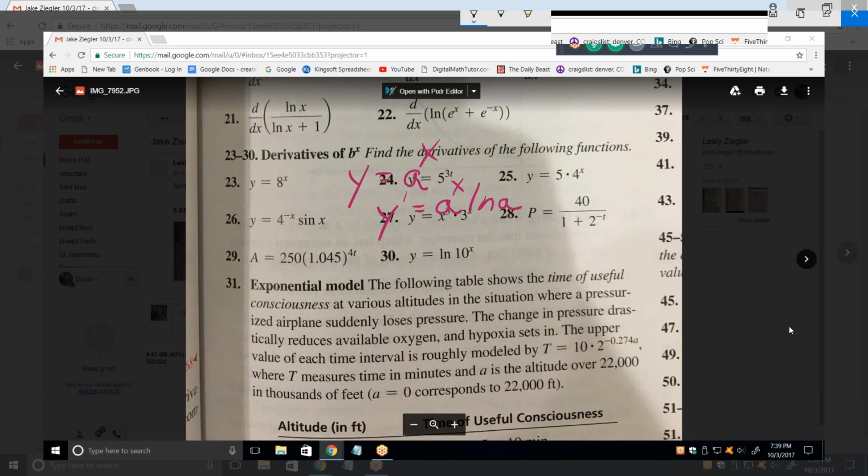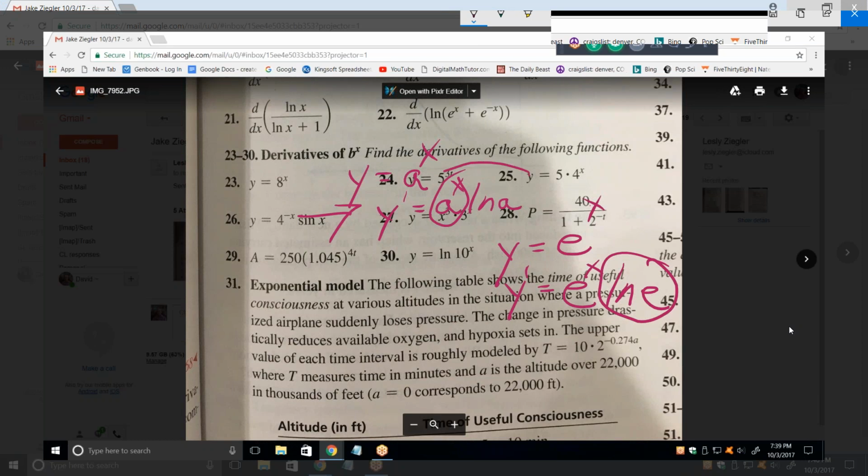Now, the way you can memorize that is, let's say a happened to be e. I know the answer is e to the x, but how would I get to it using this formula? Well, my y prime would be e to the x times the natural log of e. Well, the natural log of e is 1.